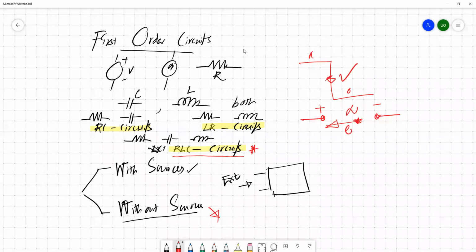Without sources means the circuit is powered by the charged capacitor or inductor.